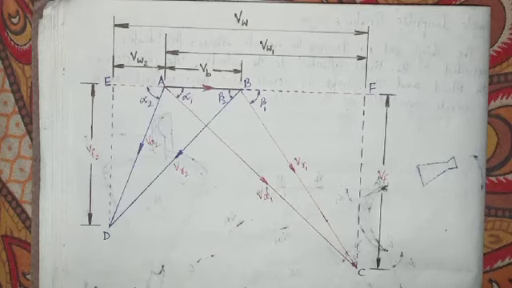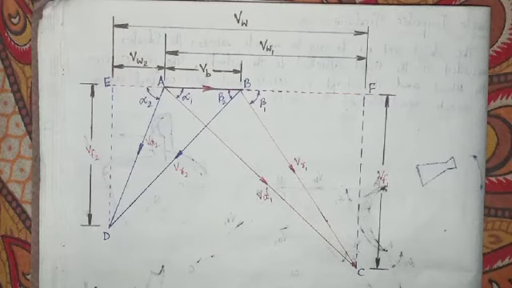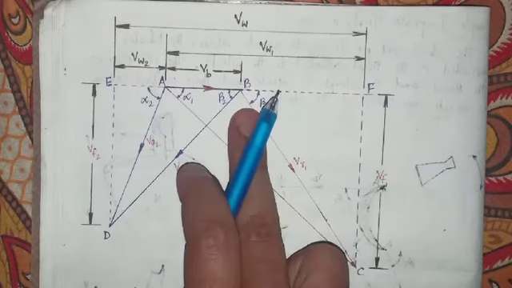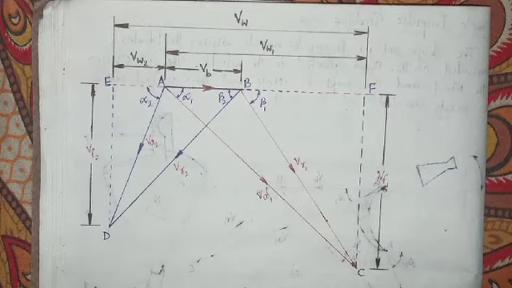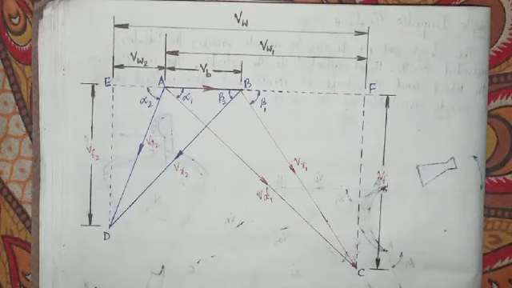Now in this figure, the inlet and outlet absolute velocity vectors have two components.